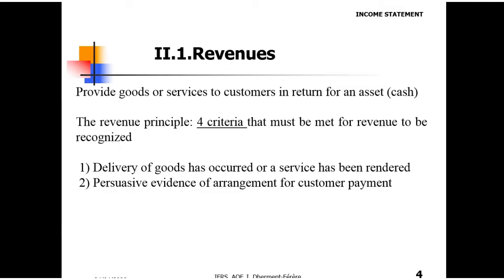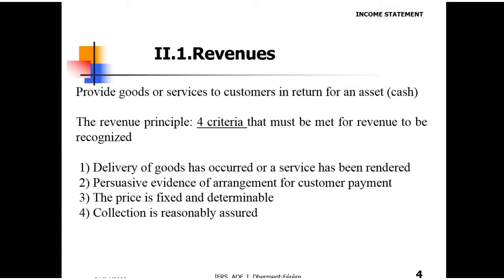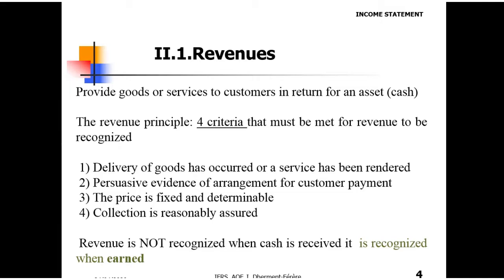Persuasive evidence of arrangement for customer payment. 3. The price is fixed and determinable. 4. Collection is reasonably assured. Revenue is not recognized when cash is received. It is recognized when earned.